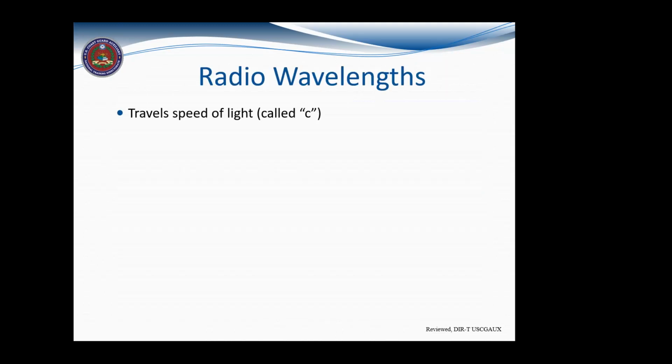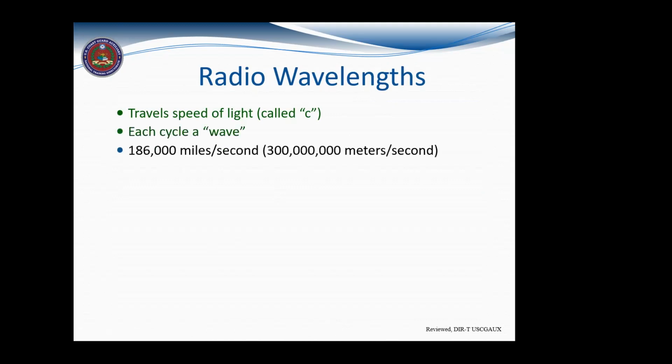Another way of measuring the radio frequency or the radio performance is using the wavelength of the signal. Radio waves are traveling at the speed of light. Typically, we use a figure of 300 million meters per second rather than the anglicized 186,000 miles per second.